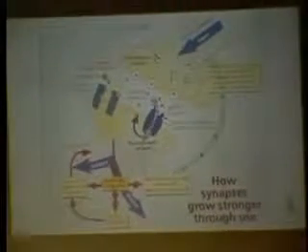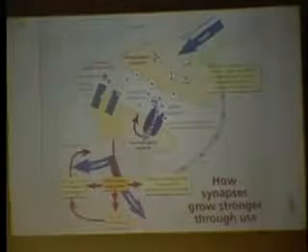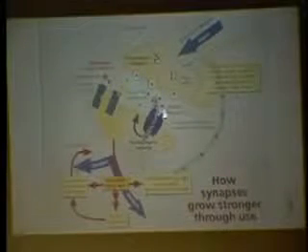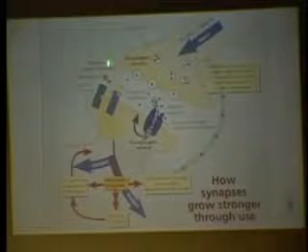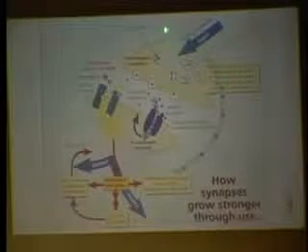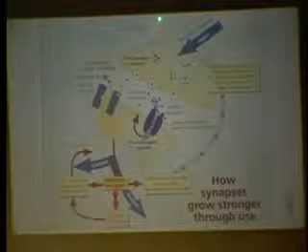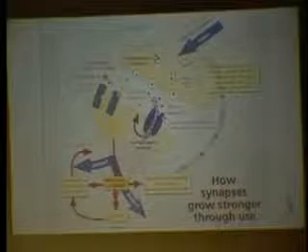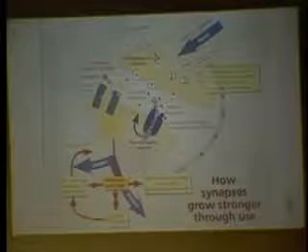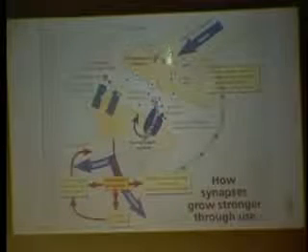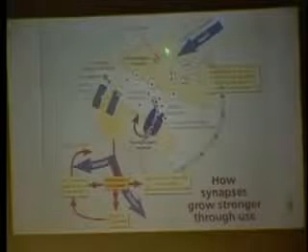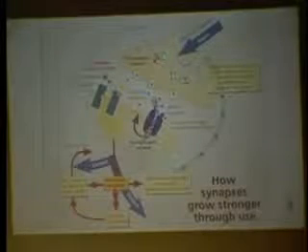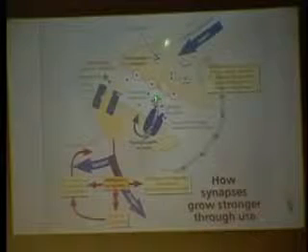Now we have an electrical impulse coming down a nerve fiber as it approaches the presynaptic terminal. We have some calcium out here. And we have what in here? Pardon?